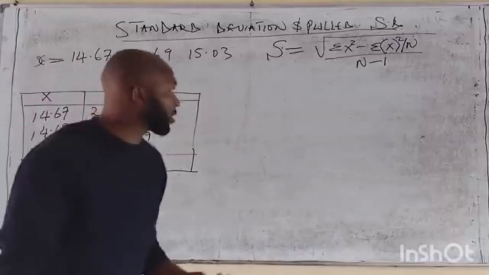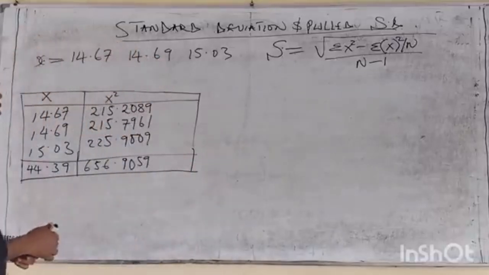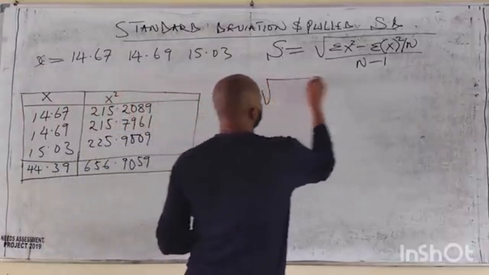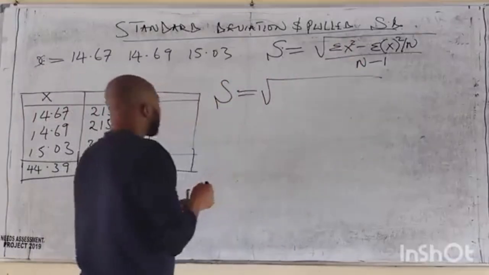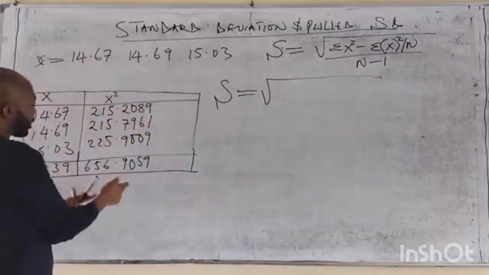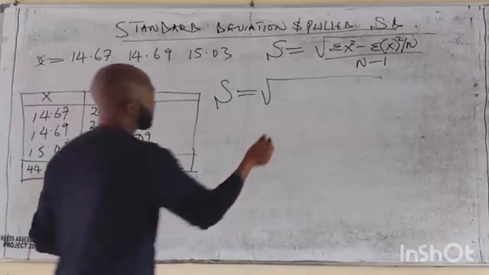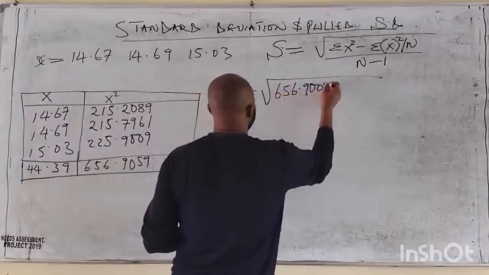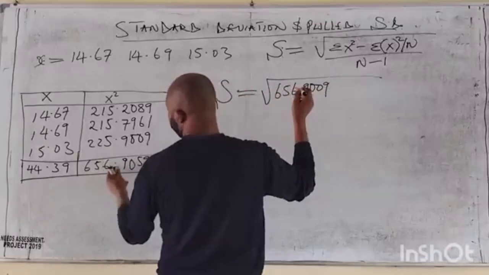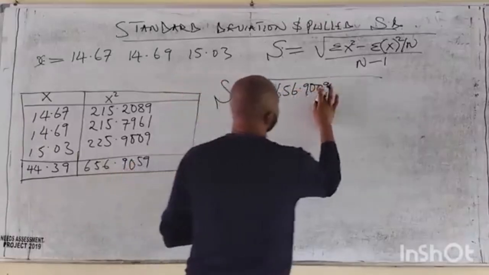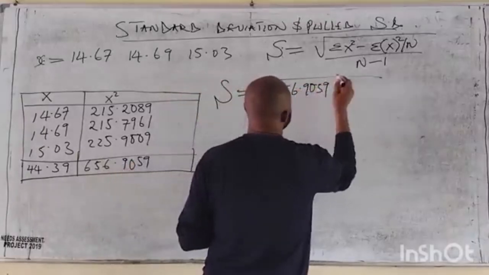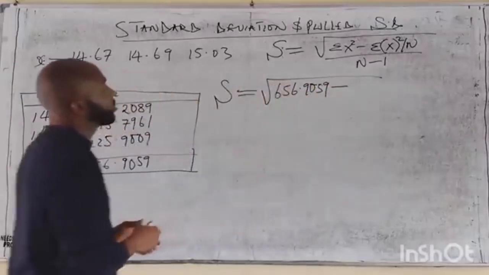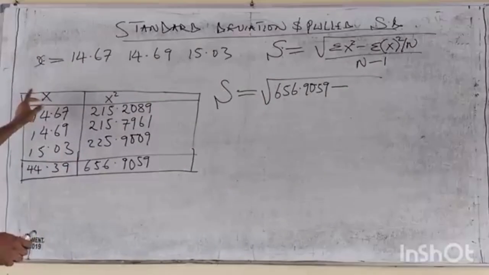Okay, so if we have to apply this in our formula, right? Now, the standard deviation says, let's proceed. Our summation of x squared is 656.9059, minus, now the summation of x.